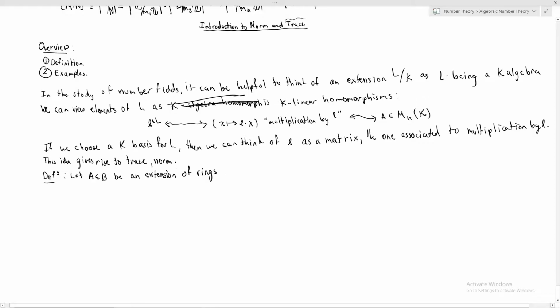And there's an assumption we want to make about this extension such that B is a free A module of rank n.